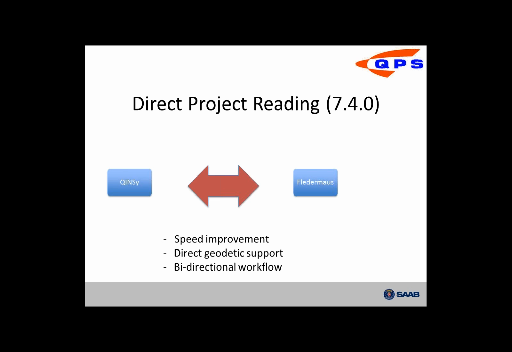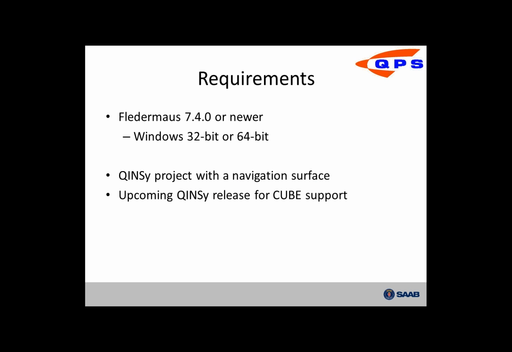When you're working with Quincy and Fledermaus with a direct project reading, you can work in Quincy, go into Fledermaus, do what you need to do in terms of editing, visualization, data fusion, but if at any point you want to go back and continue work in Quincy or do additional processing, you can do that immediately. You don't have to worry about the fact that you've converted into another format. It's a bidirectional workflow.